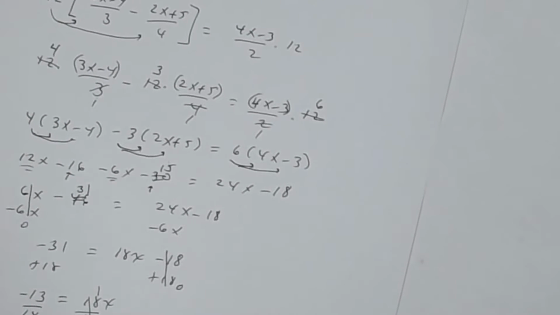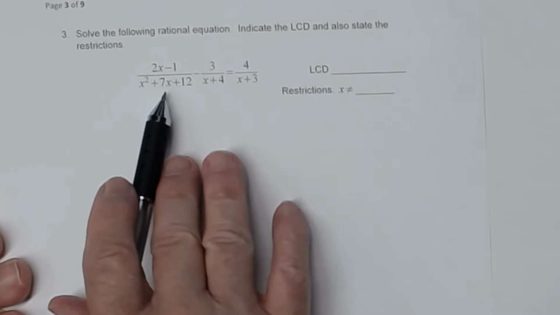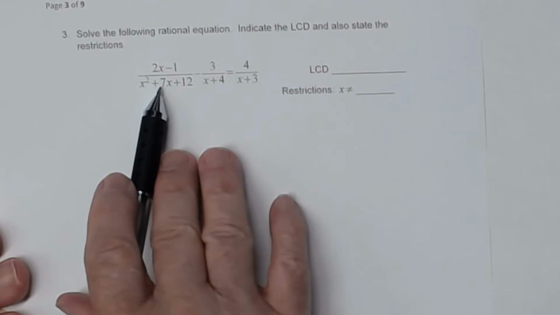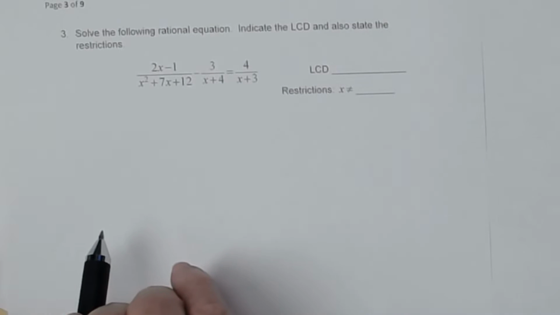So for number 3, this time we have a rational expression. This is not linear because if you notice, your denominators are not real numbers. Your denominators are variable expressions.